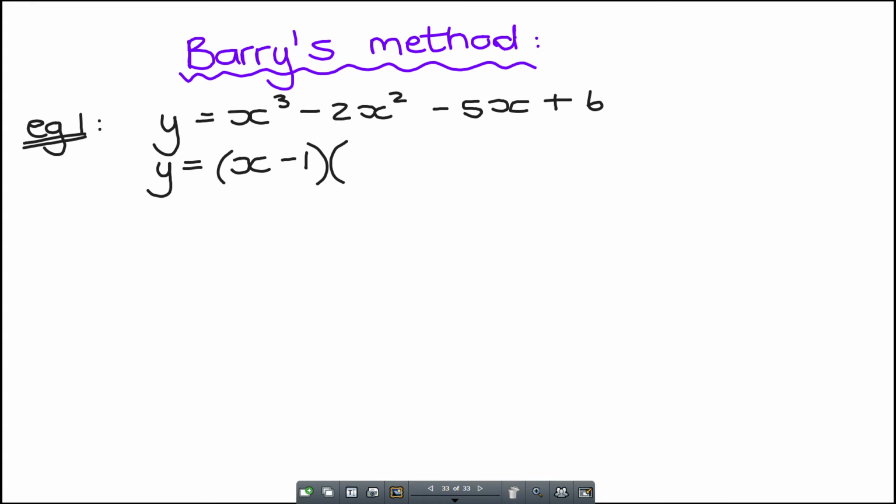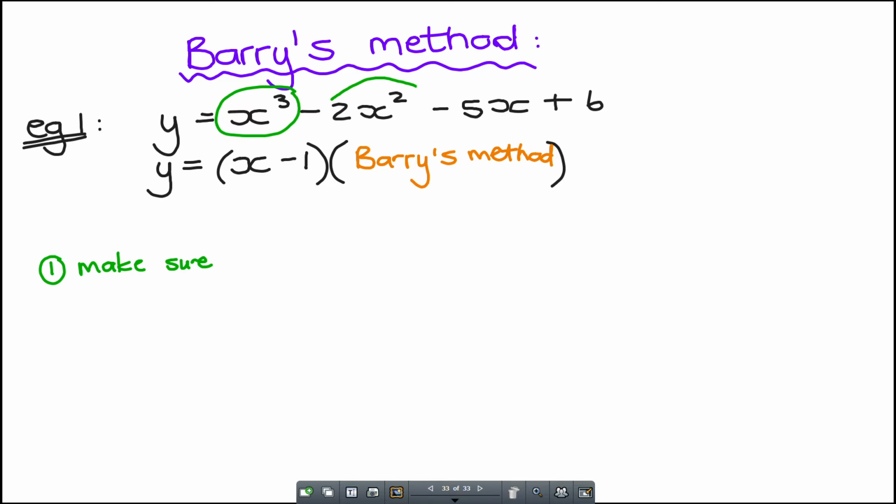Now, we said after that, we've got to get the trinomial. To get that trinomial, I'm going to use Barry's method. First things first: make sure that it's x to the power 3, x to the power 2, normal x, no x.